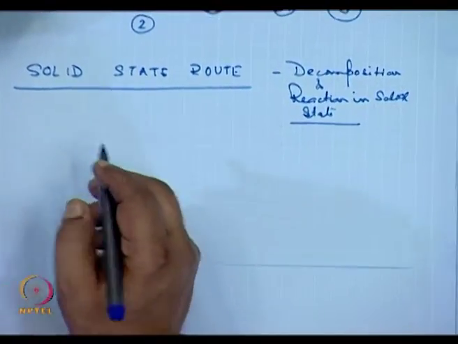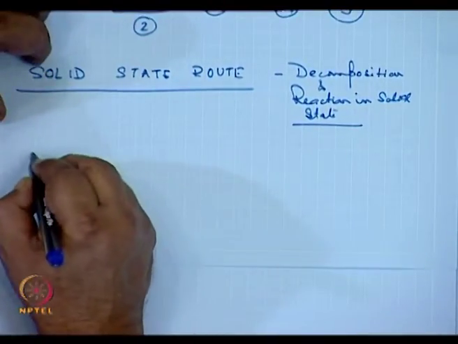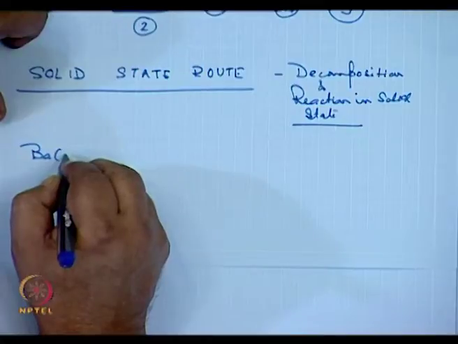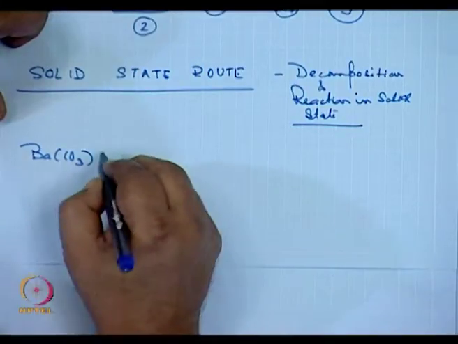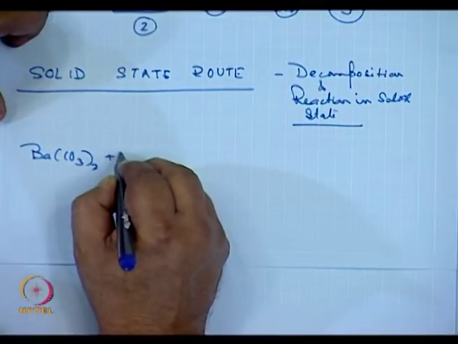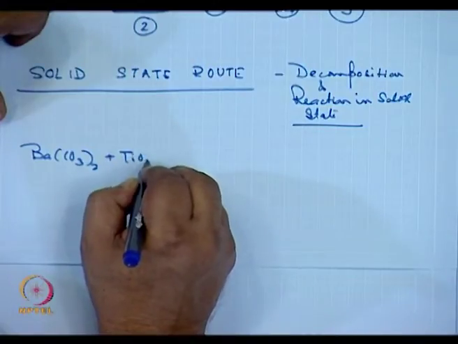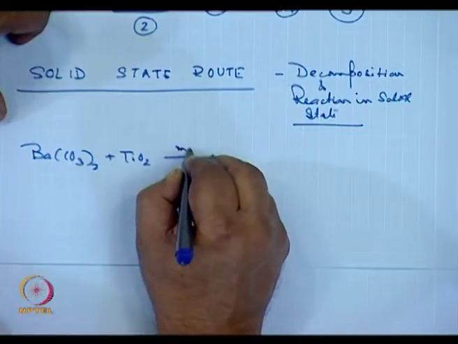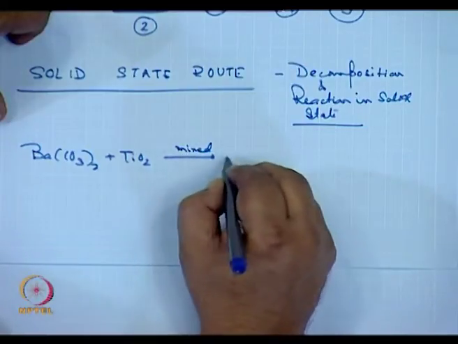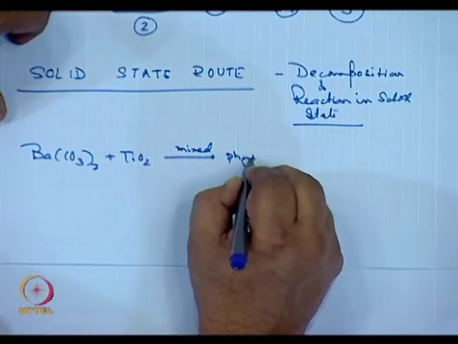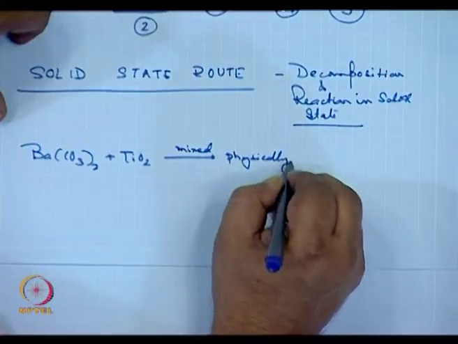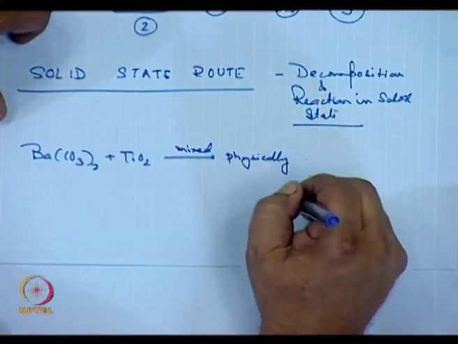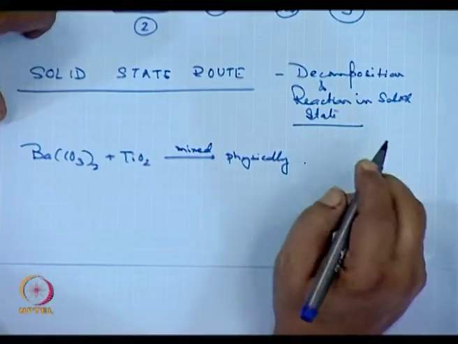What was done by the Germans back in the 1940s was they took barium carbonate and titanium dioxide and mixed them physically. I'll come back to the explanations a little later.